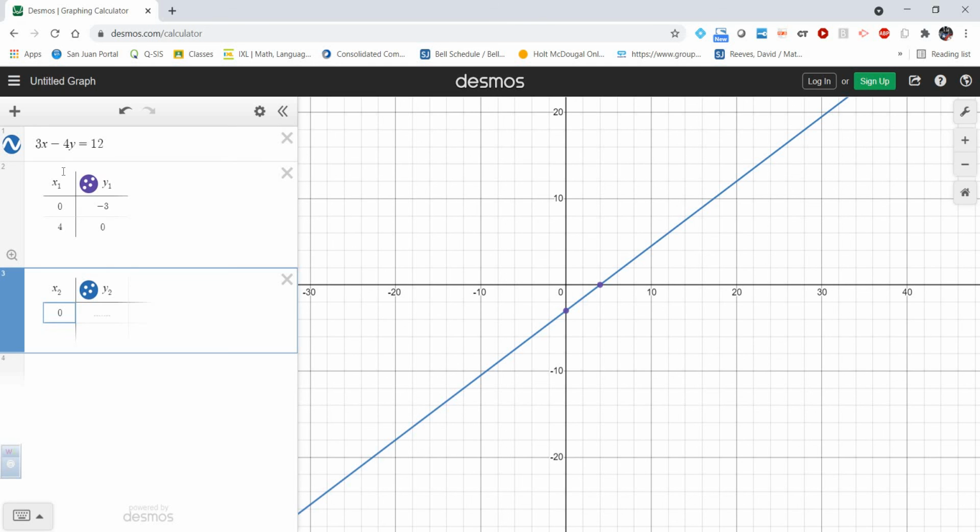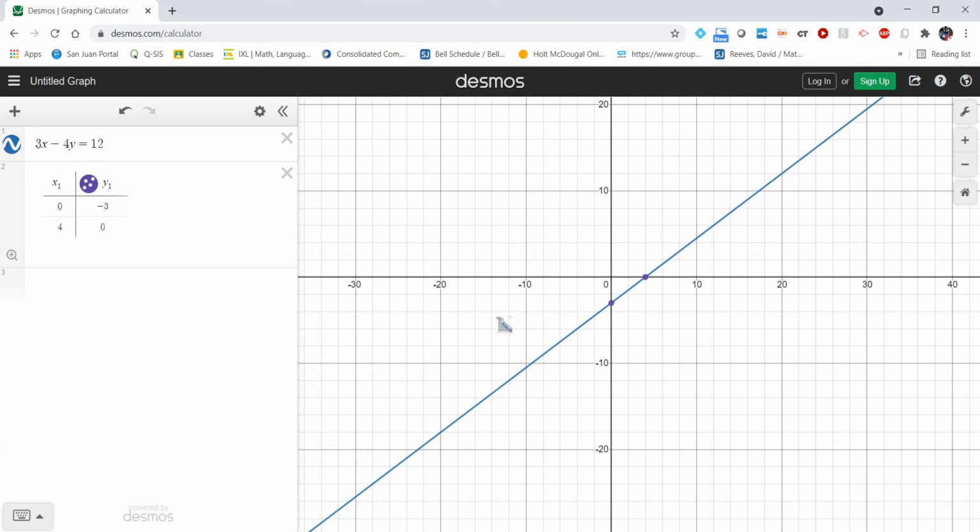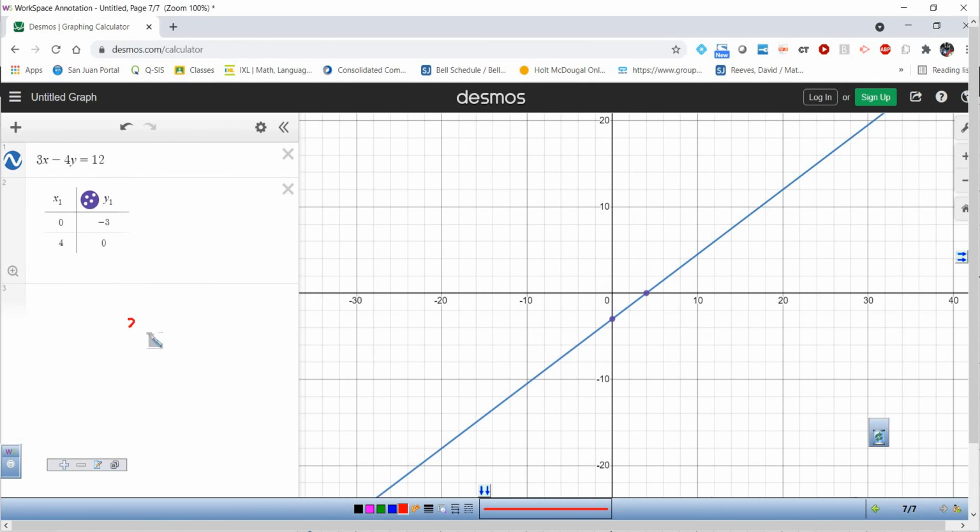The problem now is we don't have an equation that says y equals. So where are all the values going to be if I want to do 3x minus 4y is less than 12? Because that's what I want to do now.